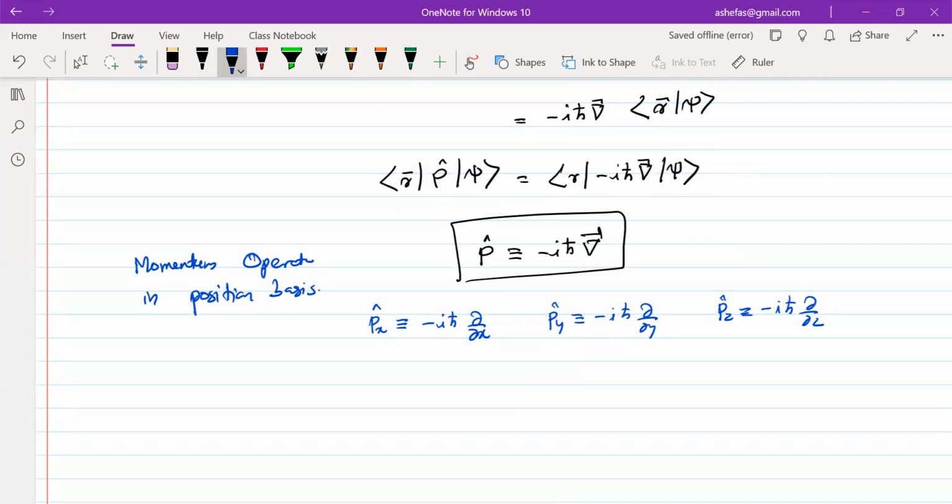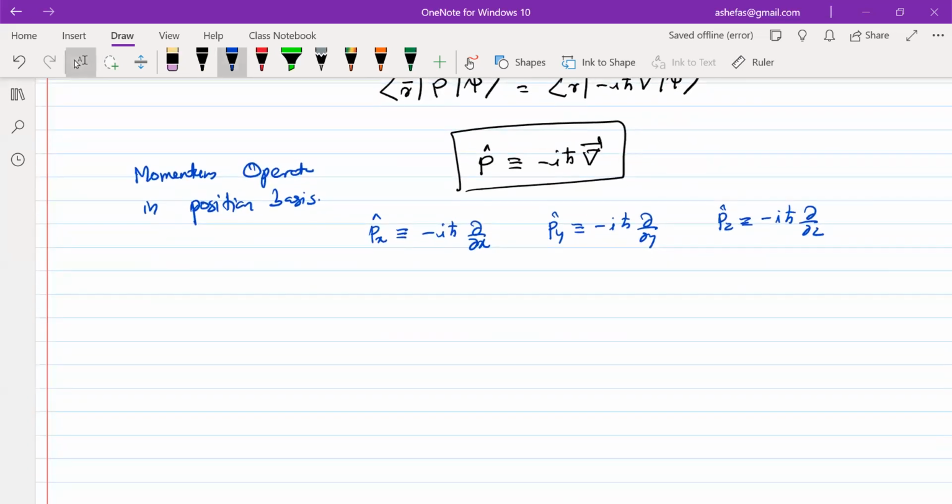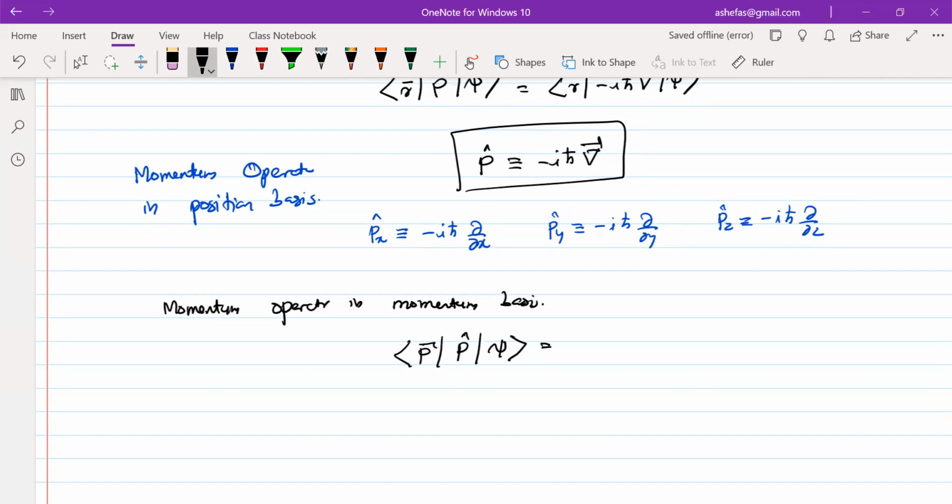How to represent the momentum operator in the momentum basis? Okay, so that is a very simple task. The momentum operator in momentum basis. For that, we can take the inner product ⟨p|P|ψ⟩, the momentum operator P acting on ψ.